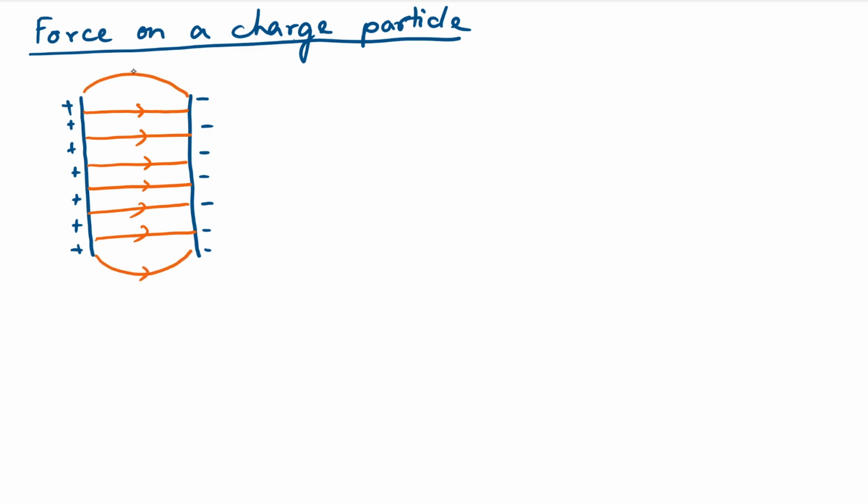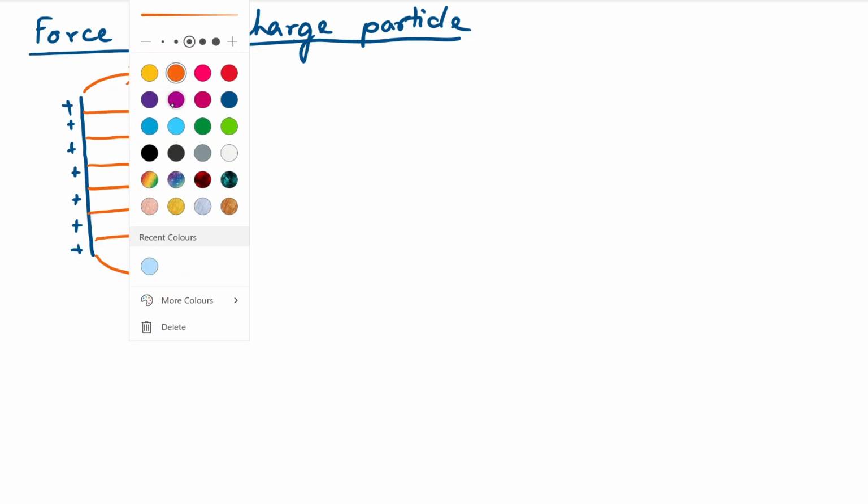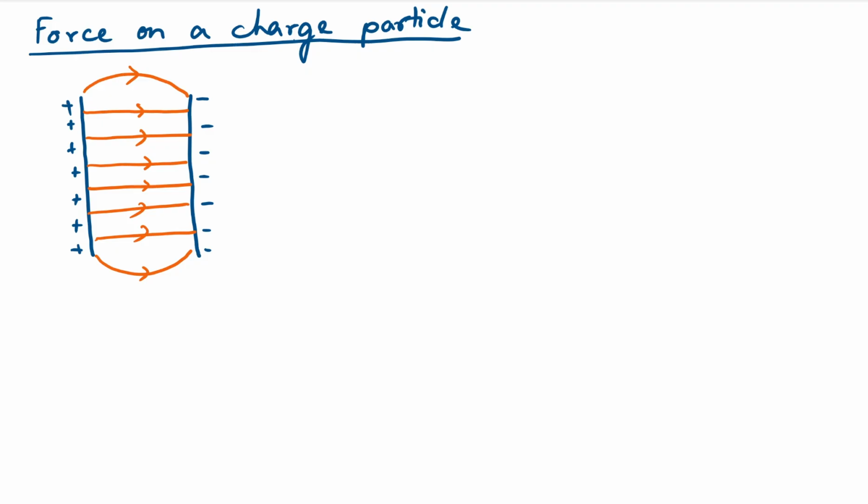And now if we place a charged particle in this uniform electric field. So let's say I place a positively charged particle with charge Q in this uniform electric field. Then because of the charges on the left-hand side plate, which is positive, there will be a repulsive force pushing it to the right, because we know similar charges repel each other.